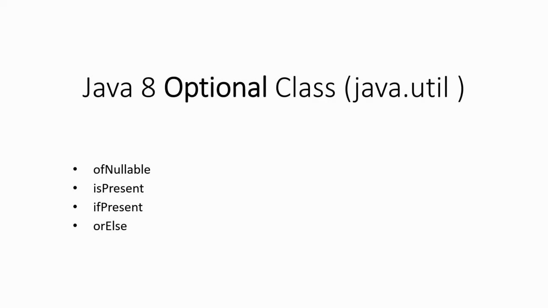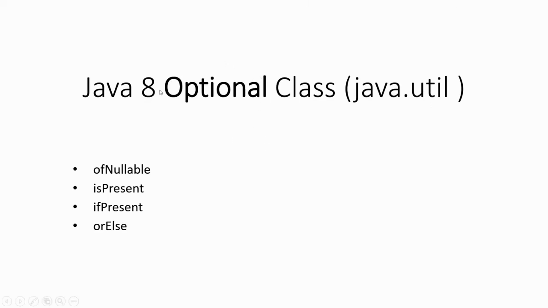Instead of that, this is a utility class which has some utility functions which help to handle the null part. We don't have to explicitly write it, we can make use of this optional class, and it is in the java.util package, because as I said, it is a utility class.